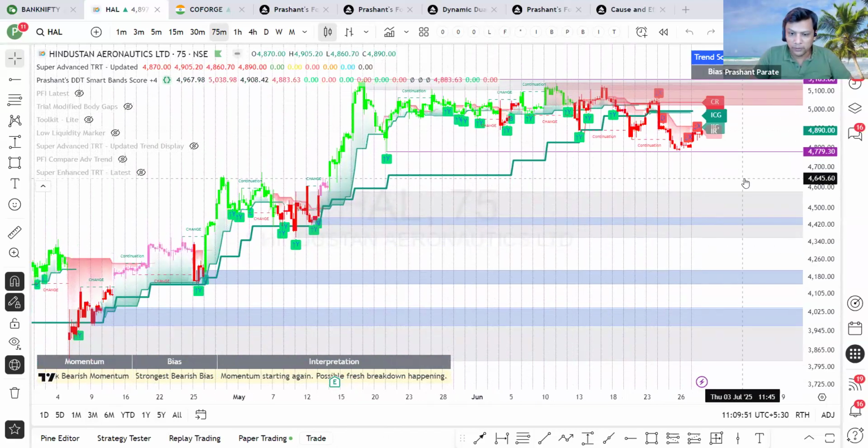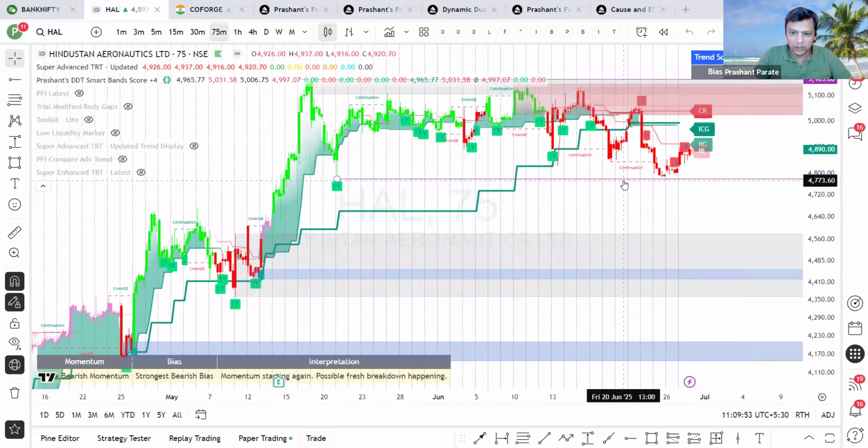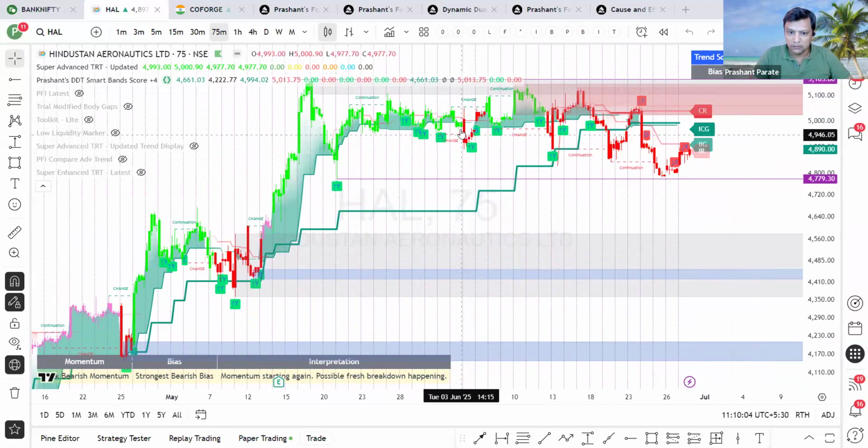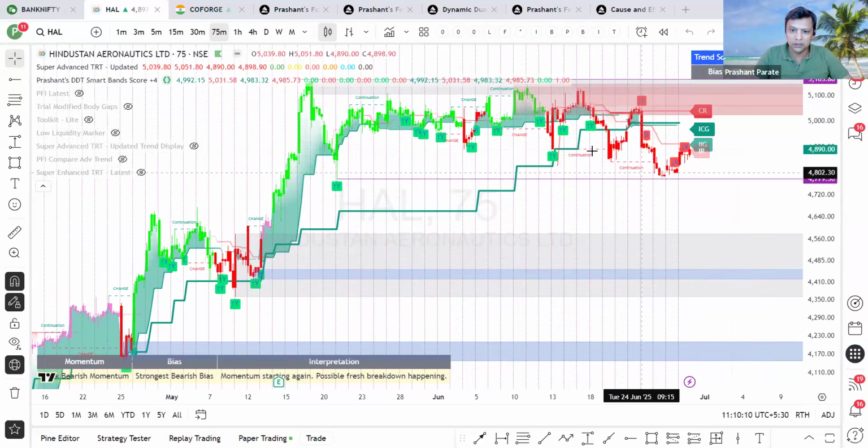So based on the 75-minute chart, we don't have to do anything. Just wait and watch. Let the price go above this, confirm bullish behavior, and only then take bullish trades. Otherwise, the first trade failed, the second trade gave a retracement entry and completed the target. Again, a retracement entry, completed the target. There is no strong downside momentum.